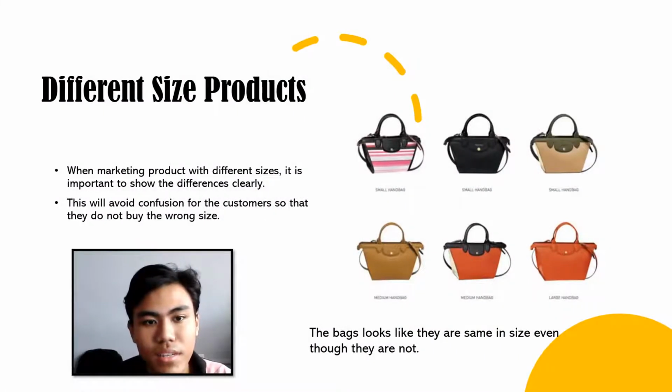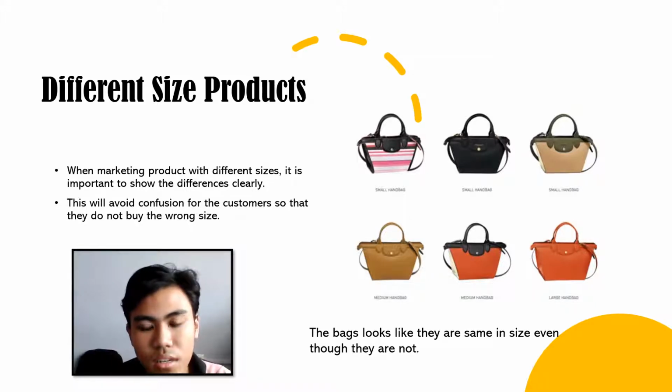Next, when marketing products with different sizes, it is important to show the differences between the sizes clearly. This is important to avoid confusion for the customers so that they do not buy the wrong size when purchasing our products. For example, the picture on the right shows 6 handbags with 2 different sizes, which are small and medium.